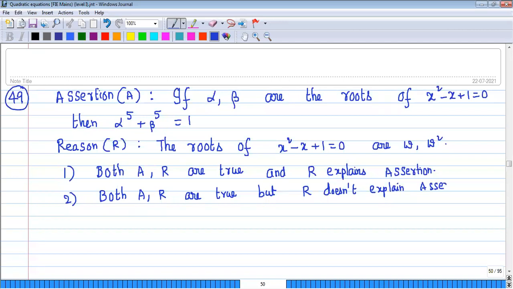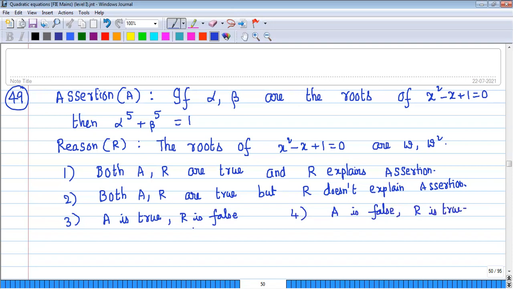That means R is not the correct explanation of the assertion. Third one: A is true, R is false. Fourth one: A is false, R is true.